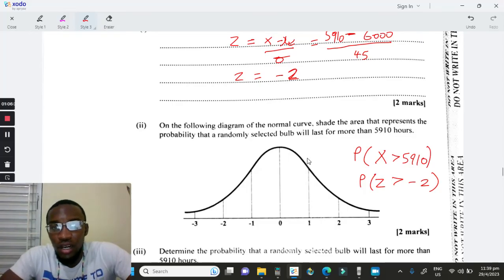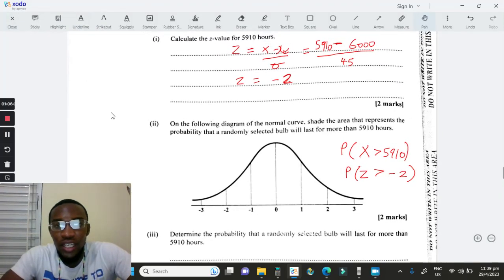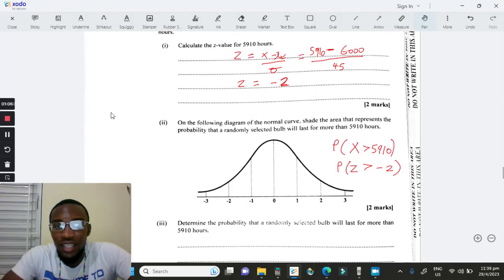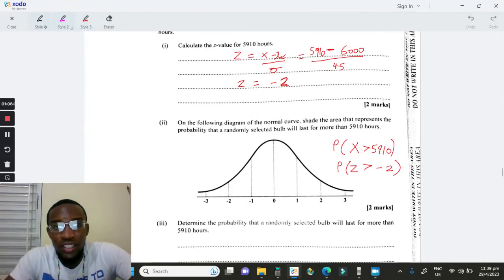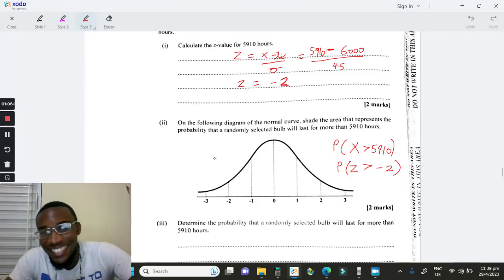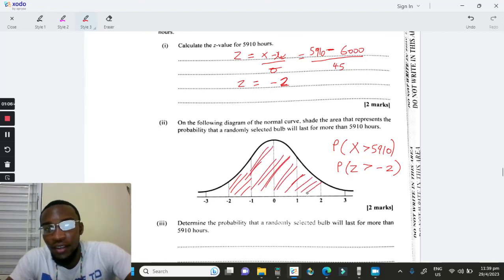Now all you need to do is shade the region Z greater than -2. Ask yourself the Dora the Explorer question: do you see -2? Yes, we see -2. -2 is here. So shade the region greater than -2. That's what they asked for.